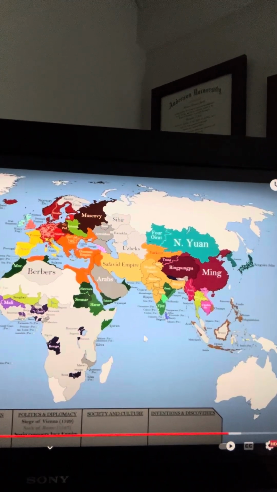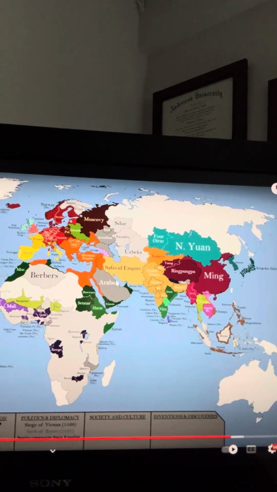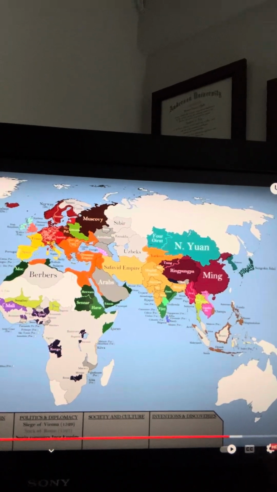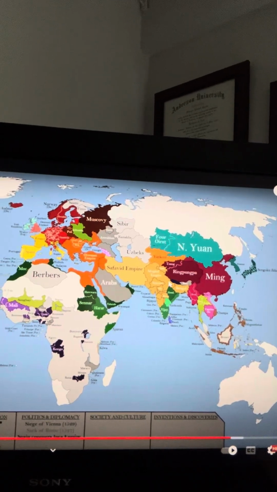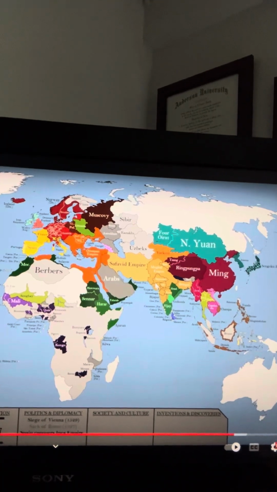Now we're up into the 1500s, and you can see we have three main empires, two in the Middle East. We have the Ottoman Empire arising here, Safavid Empire over here, and Mughal Empire way over here in India. So that's getting a bit out of our scope for this class.